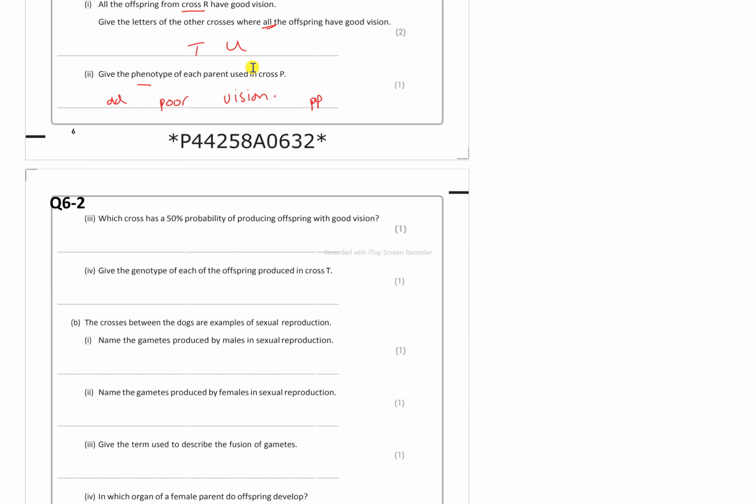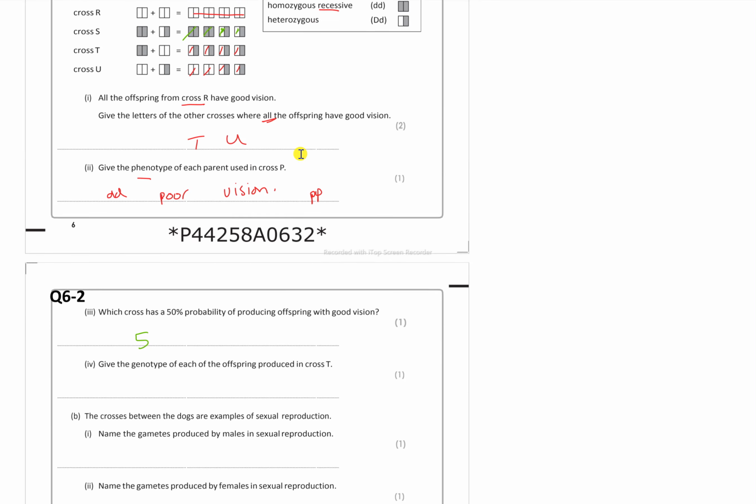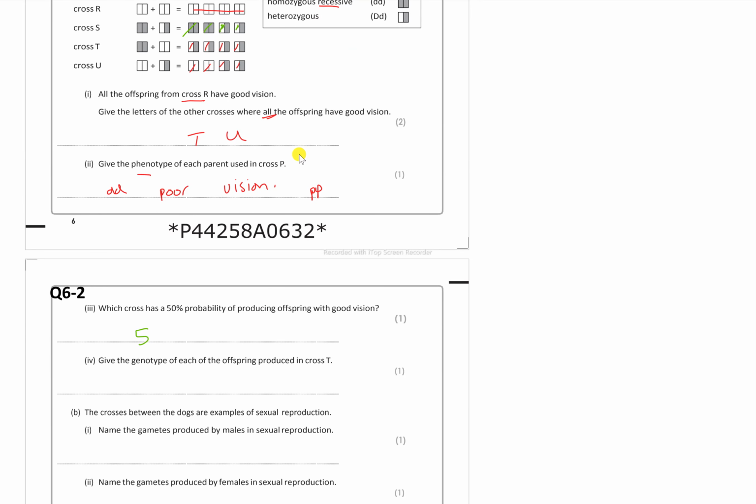Right, we have to come back up. Let's see. Right, give the genotype of each offspring produced with cross T. We can see cross T here.